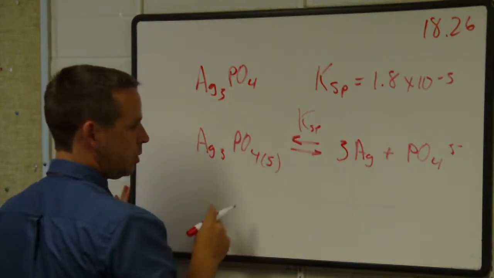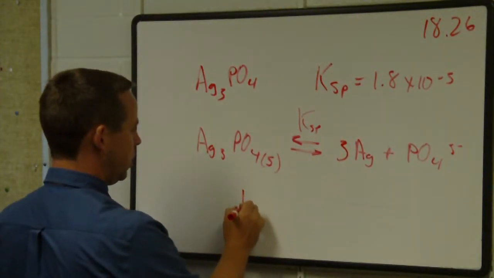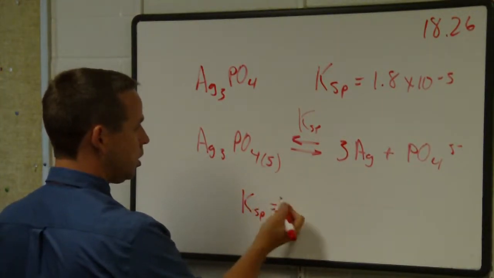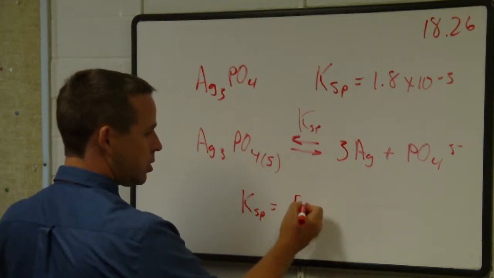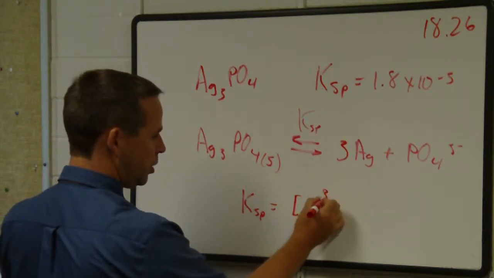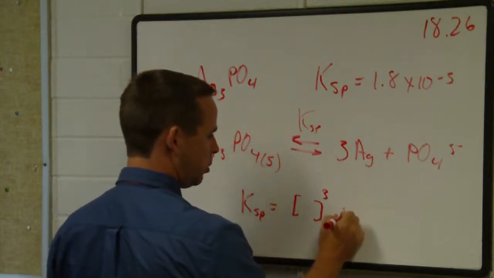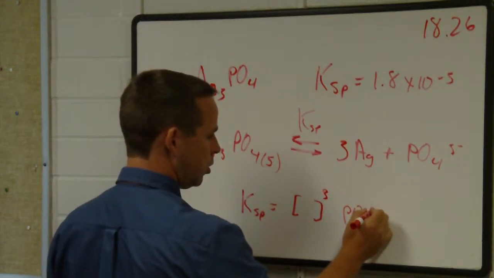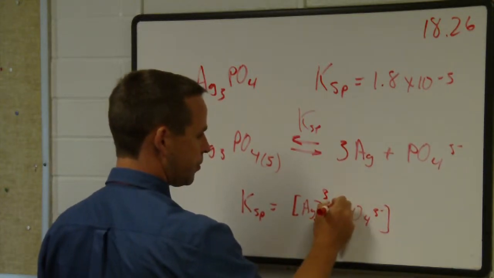The solid isn't going to be involved, obviously, because it's a solid, so then we can say that KSP would be equal to the concentration of the silver ion cubed and the concentration of phosphate, PO4 3-. So this is the silver ion, PO4 3-.